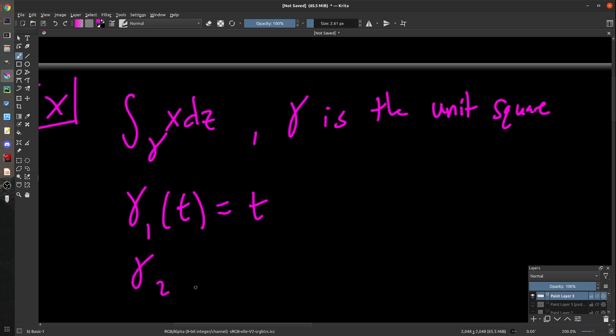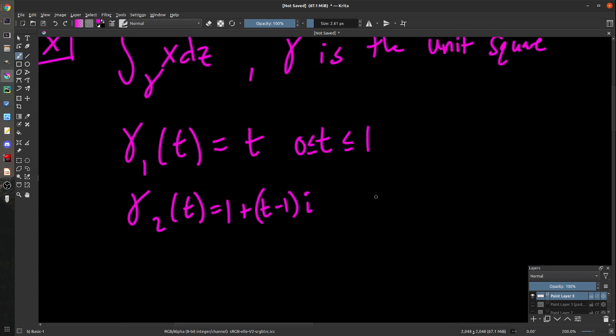Gamma 2, this will be for t between 0 and 1. Then we'll do gamma 2 of t, and we'll make this one equal to 1 plus (t minus 1) i. We'll even do this like them, going from 1 to 2, right?